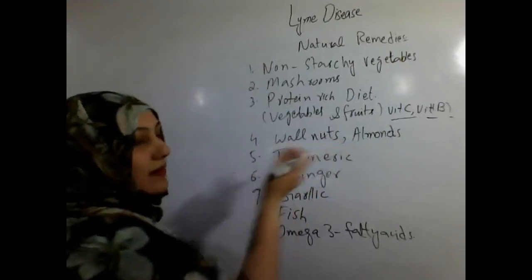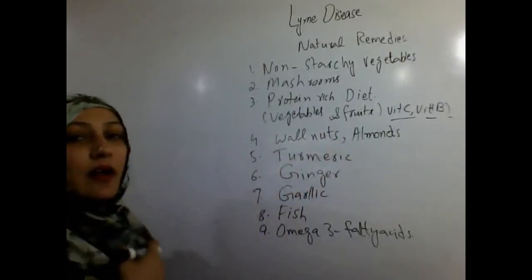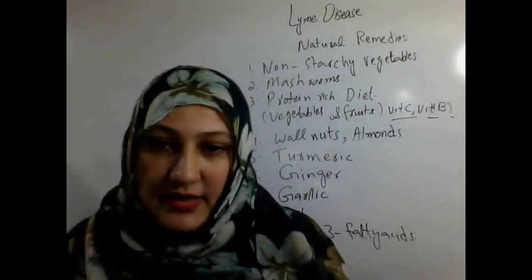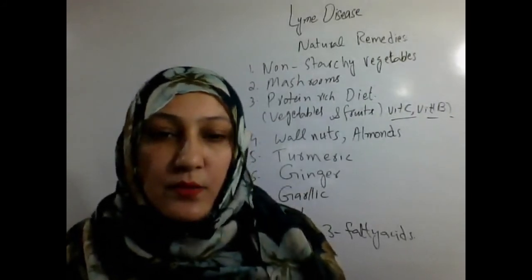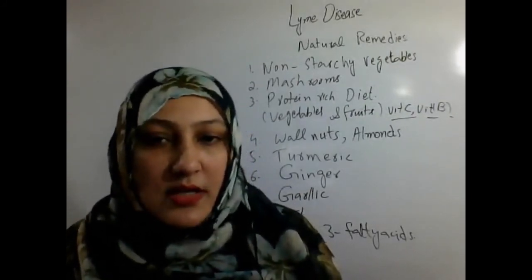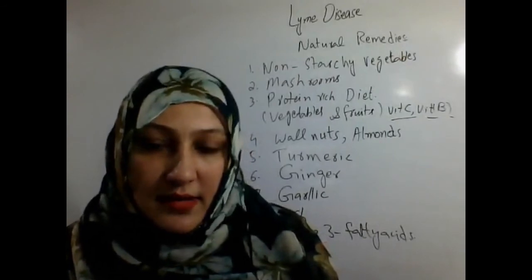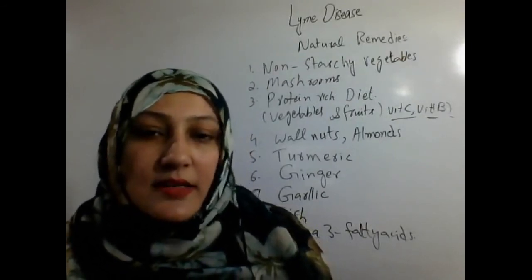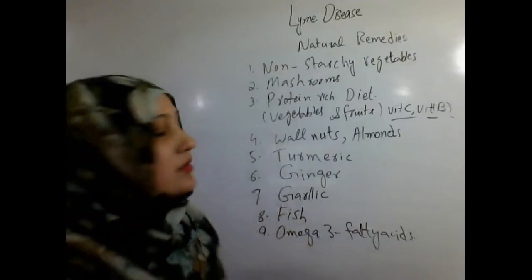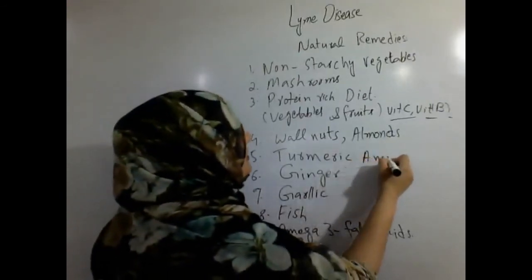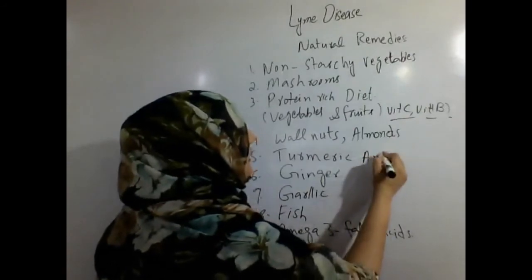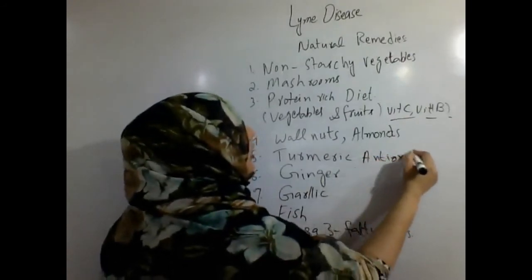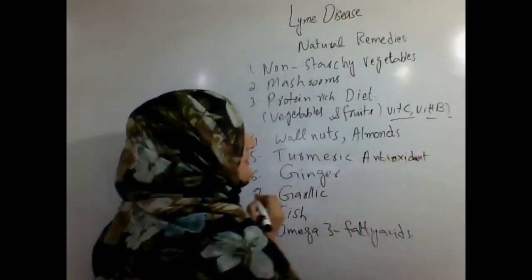Walnuts and almonds are very effective and boost up the immune system. By taking up the walnuts and the almonds, the immune system would be boosted up. Turmeric is very important and contains a very important antioxidant activity.